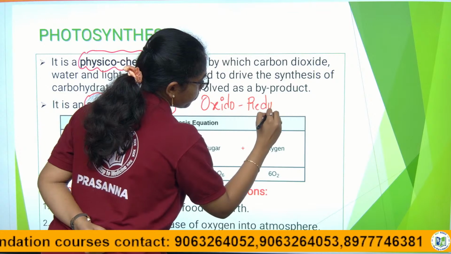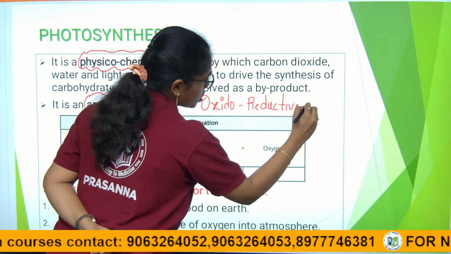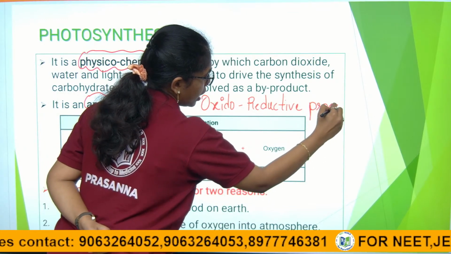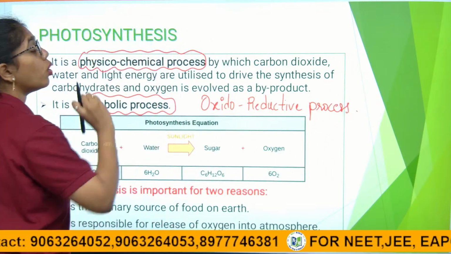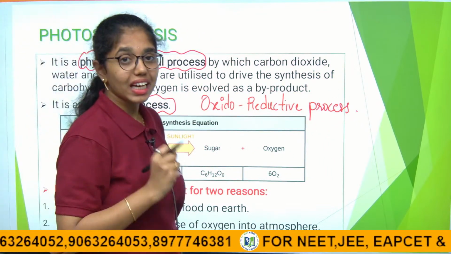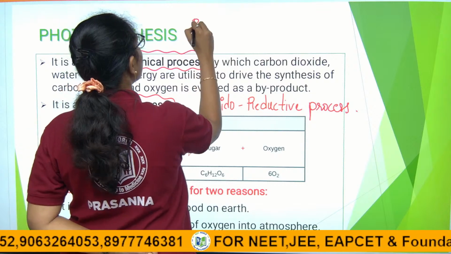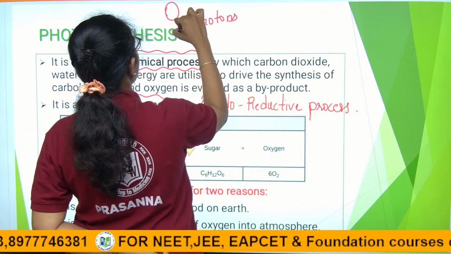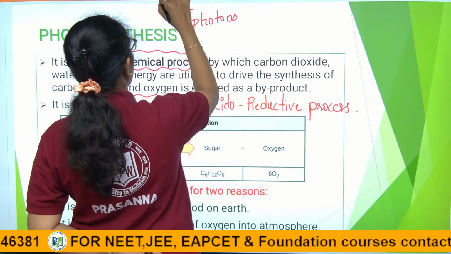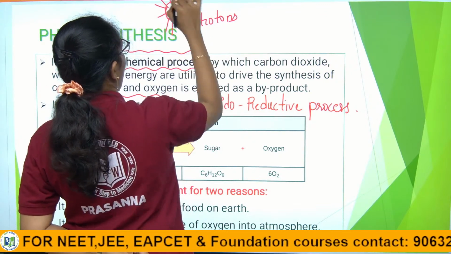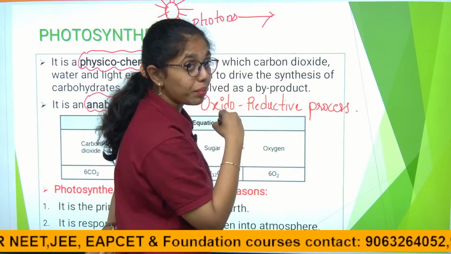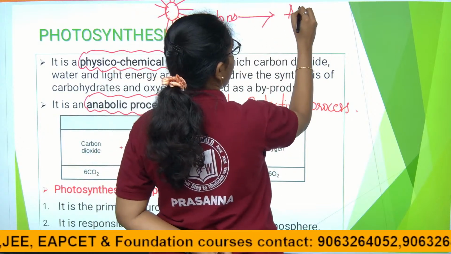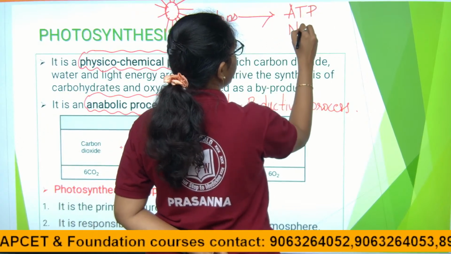It is said to be a physico-chemical process because the physical energy, that is photons from sunlight, is converted to chemical energy, that is ATP and NADPH.